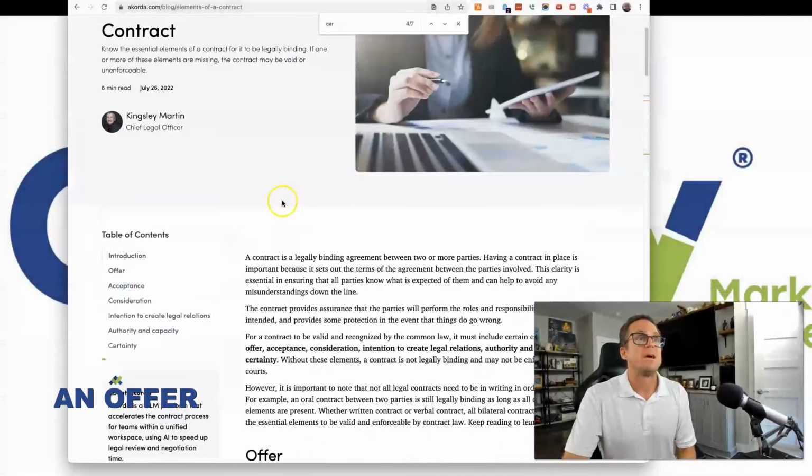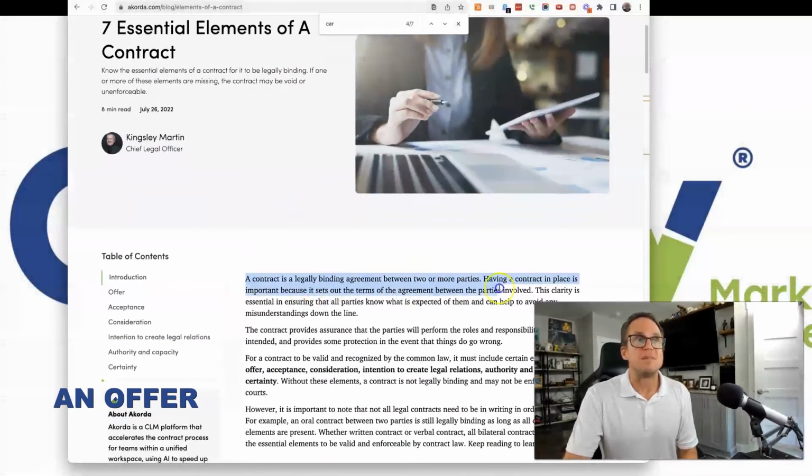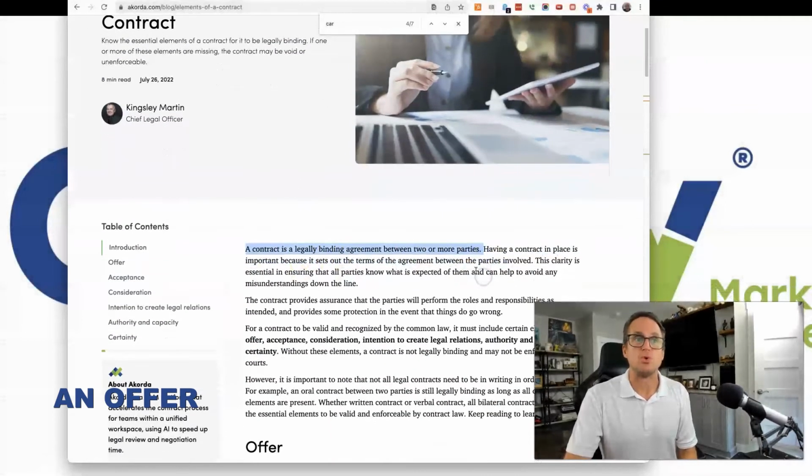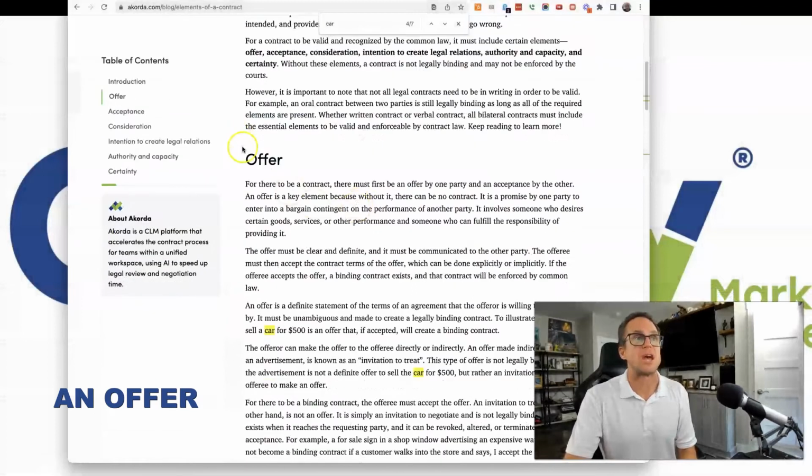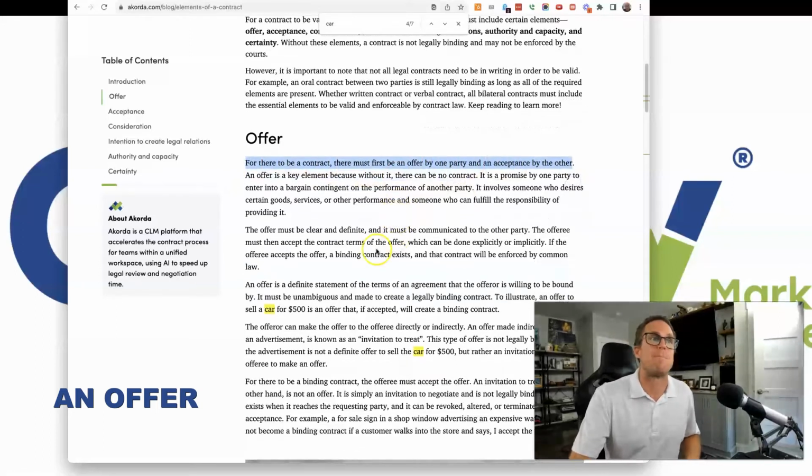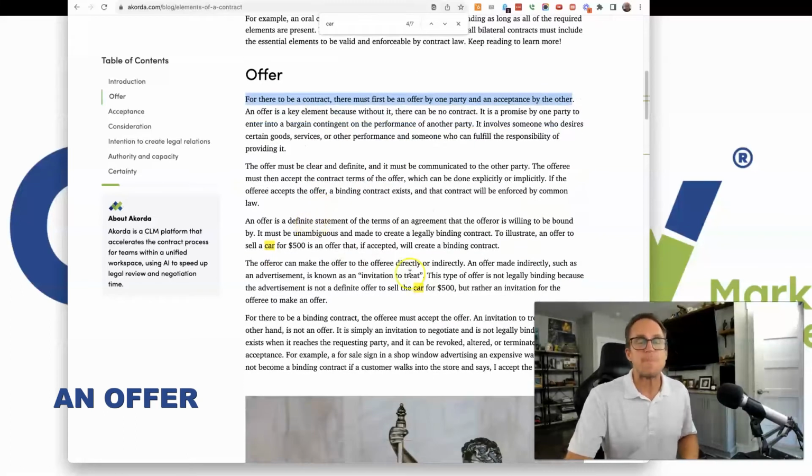A contract is a legally binding agreement between two or more parties. So you have to have an offer. For there to be a contract, first there must be an offer by one party and an acceptance by the other. An offer is a definite statement of terms in an agreement that you're willing to be bound by.